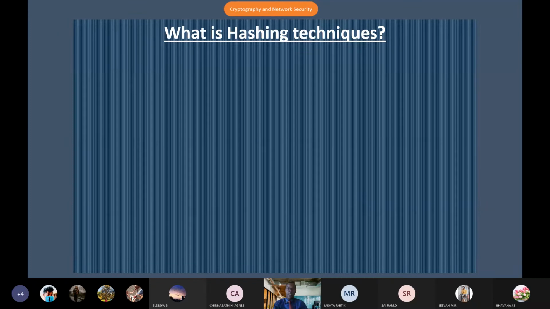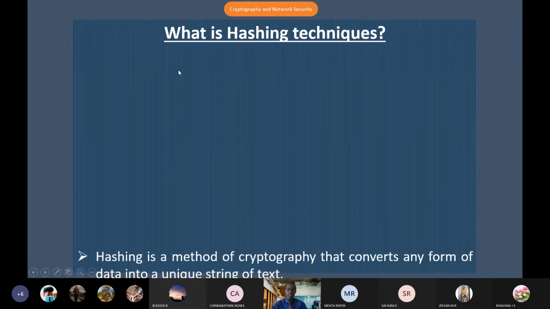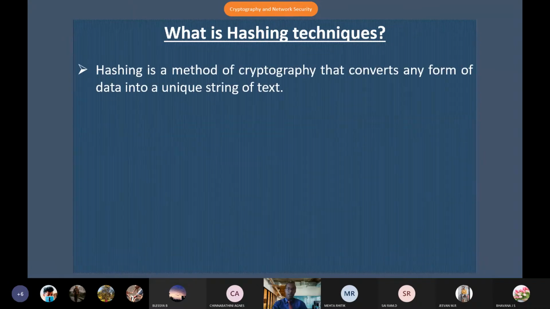I think the screen is being shared with you, and we want to see something called the hashing technique. We saw that the hashing technique is a function which takes an input of any size and gives us a fixed output.